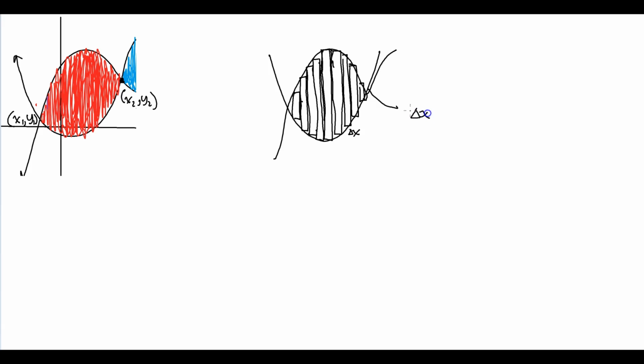As delta x, the width of this rectangle, approaches 0, we have a dx, a very, very small amount. Okay, an infinitely small amount. So as you have infinitely thin rectangles and you add a seemingly infinite amount of them, then the area starts to become exact. However, what's different about this is the height of the rectangles.